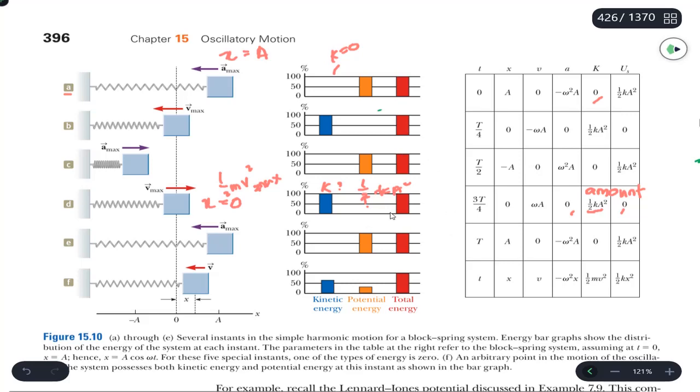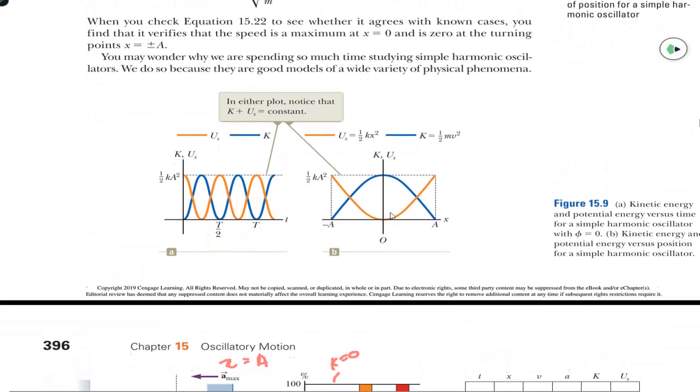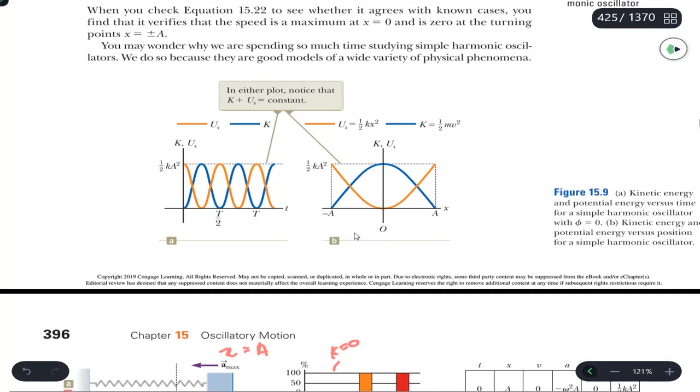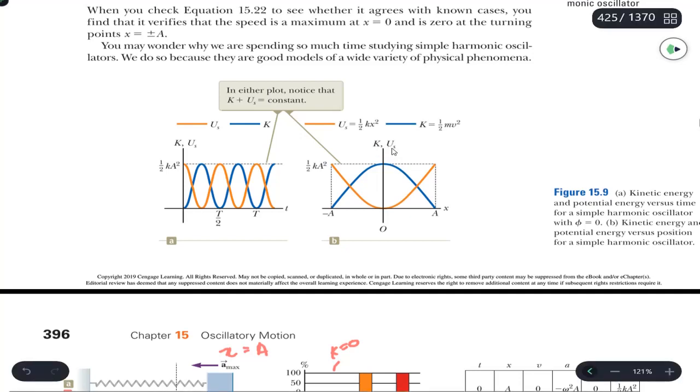Now before we proceed, the whole idea of the variation of energy just now, aside from having it in the bar form, we can portray it in what we call an energy graph, as portrayed in here, 395. In this particular graph, we are plotting together simultaneously two types of graph, kinetic and potential of the spring. So which one is potential? U is the potential. The yellow represents the potential of the spring.